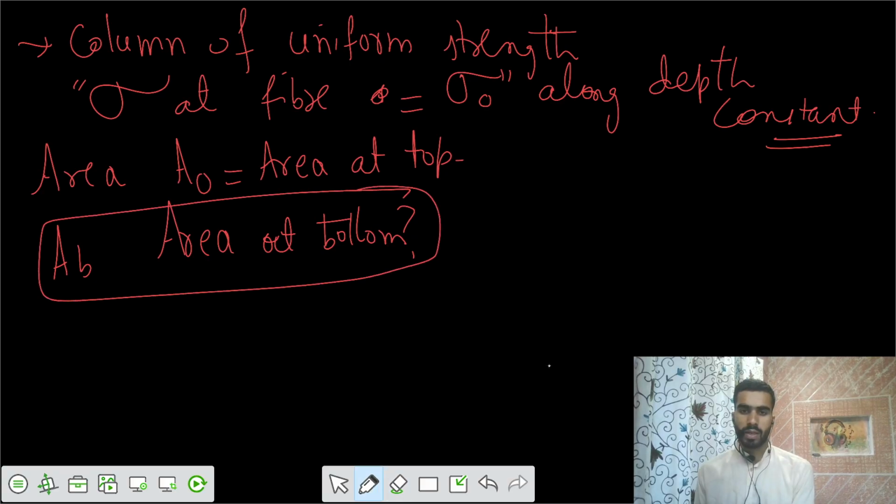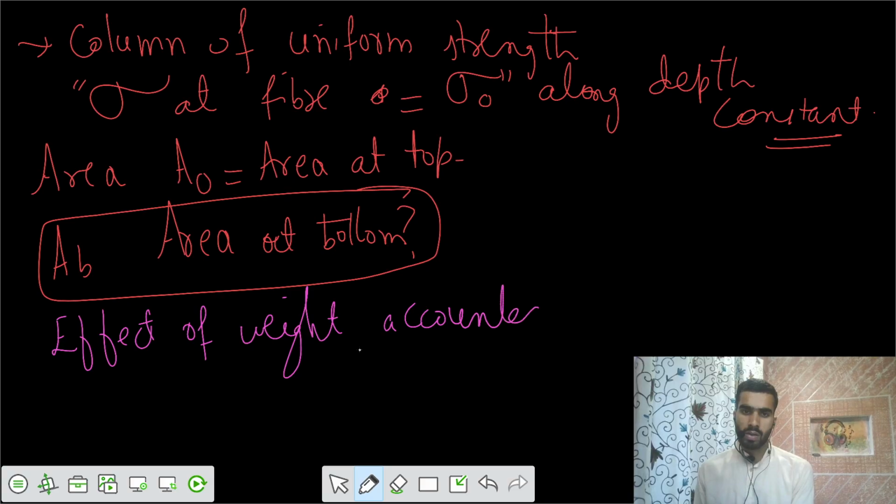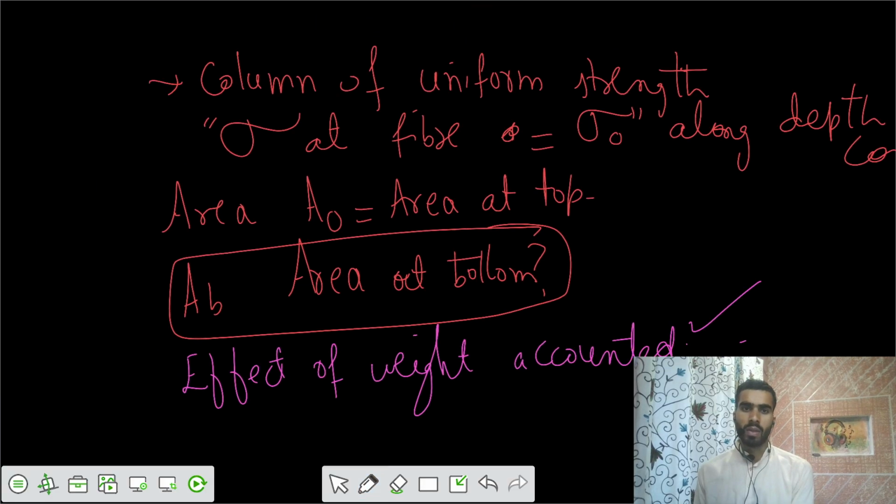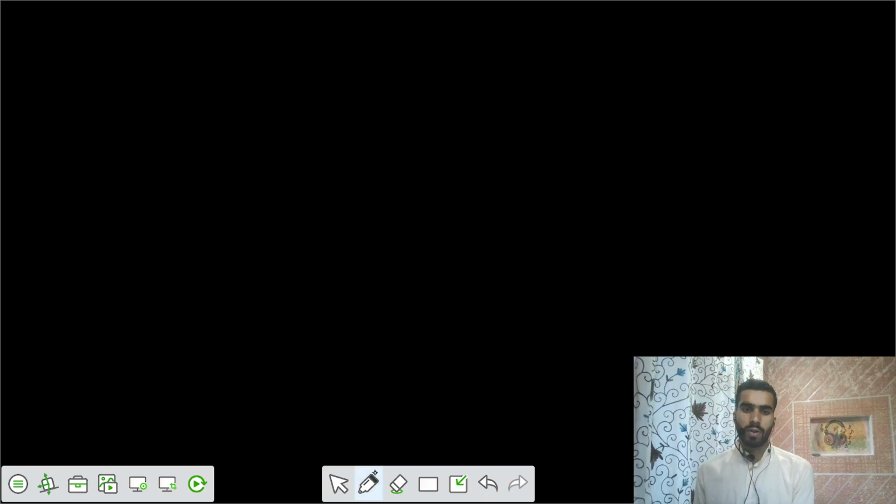And one thing is that you need to account for the effect of the weight of the column also. For this column, there's some cross section at the top. You are applying a load of P, and the top area is equal to A naught.